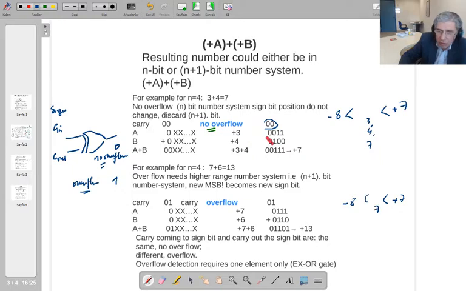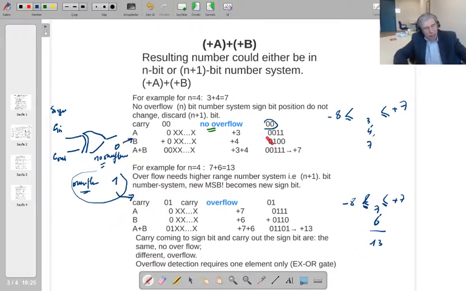So 7 and 6 are in this range, isn't it? So the equal is also included here. But 13, the resulting number, is not in this range. So there is going to be an overflow. So the output of this XOR gate is going to be 1 here, and it's going to be 0 in this case. So we've got to examine those two separately now.